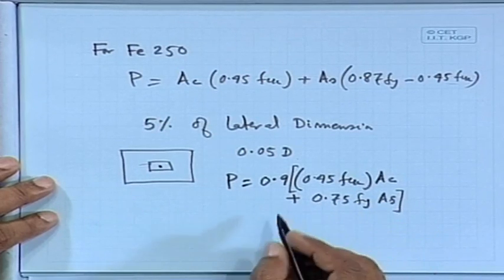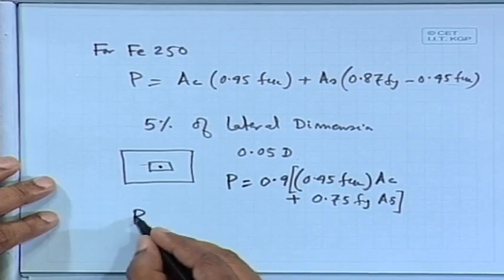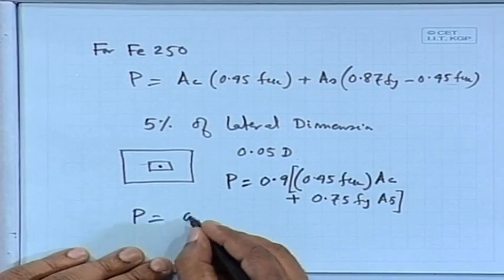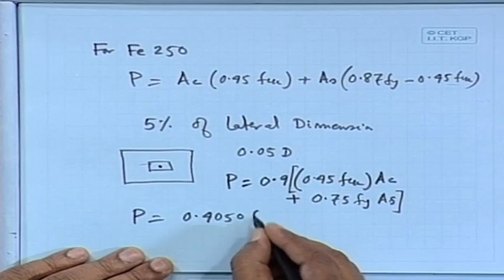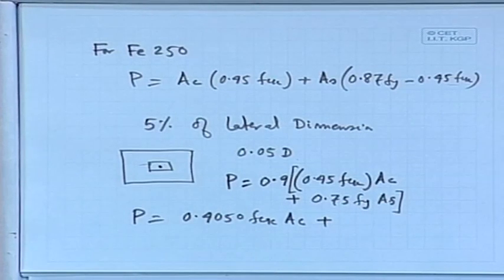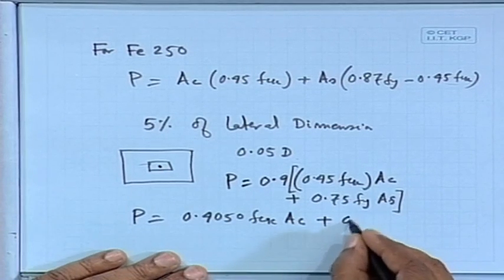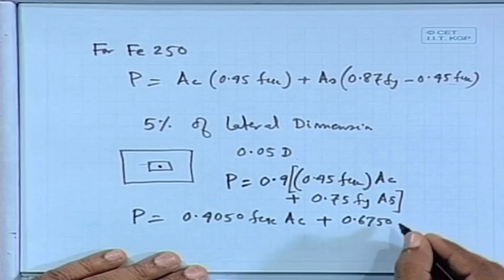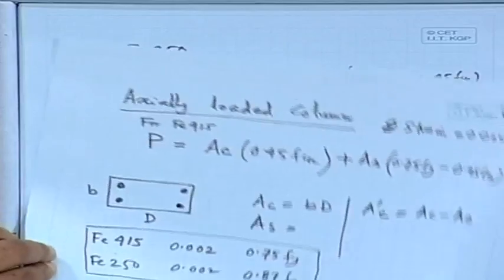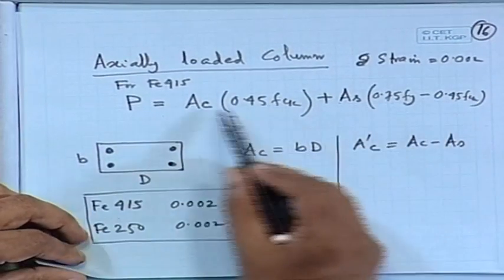Then P will be equal to 0.9 into 0.45, that is 0.405 FCK times AC plus 0.9 times 0.75, that is 0.675 AS.